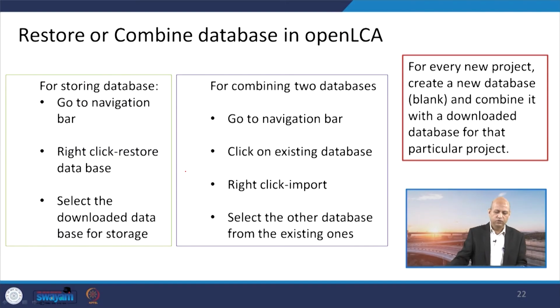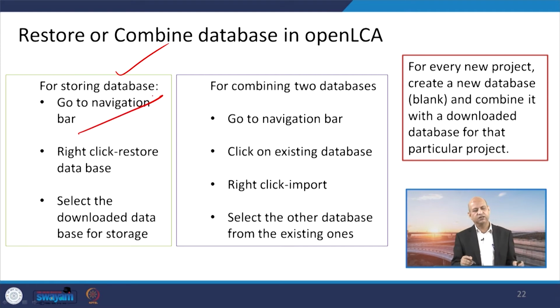Okay. Then you have to do restoring or combining the database in openLCA. What you do basically is restore this database after going to the navigation bar, then right click, restore database and select the downloaded database for the storage, okay. And combining two databases you can also do.